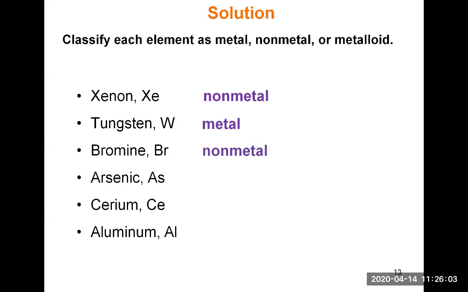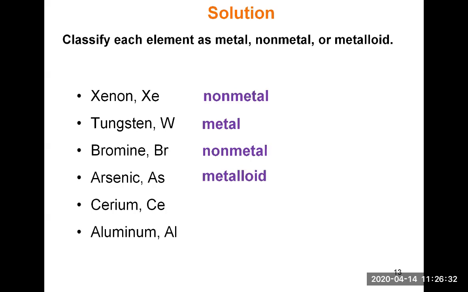Arsenic. Arsenic is a metalloid. It's sitting on that staircase line, and it's one of those metalloids. Cerium, symbol Ce. Cerium is found at the bottom of the periodic table in those two rows below the main table.